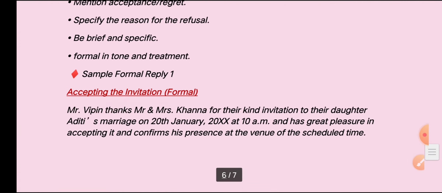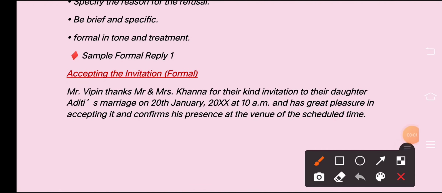Now let us discuss the acceptance. The reply you write is a formal reply, and it may be of two kinds, acceptance and refusal. One thing to keep in mind: whatever style you choose for formal invitations, for the formal replies, for both card and letter, you have to follow the same pattern.